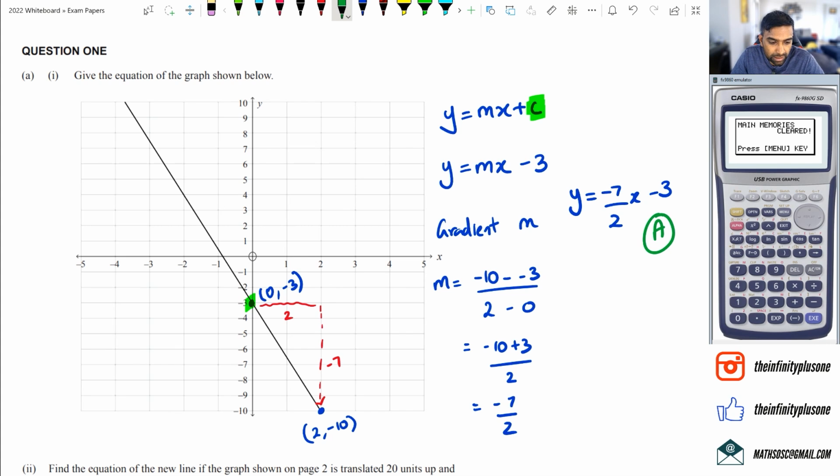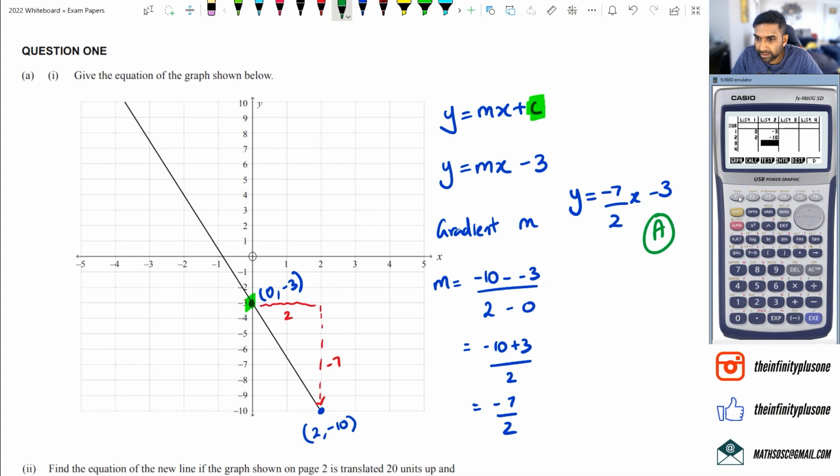Now if you're using the graphics calculator for this, we're just going to go quickly into menu, go into stat mode, and put in those two values. So we're going to put in 0 and 2 because those are my x values, and then my y values, which happen to be -3 and -10.